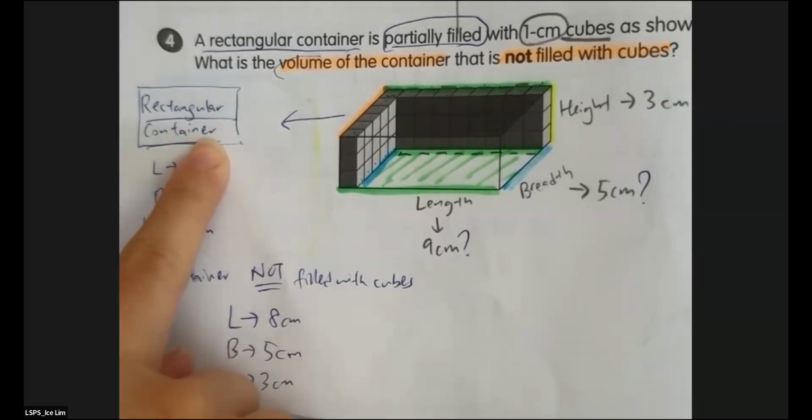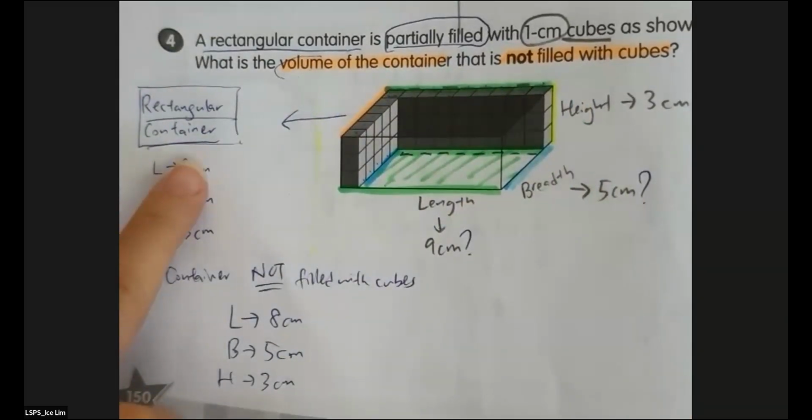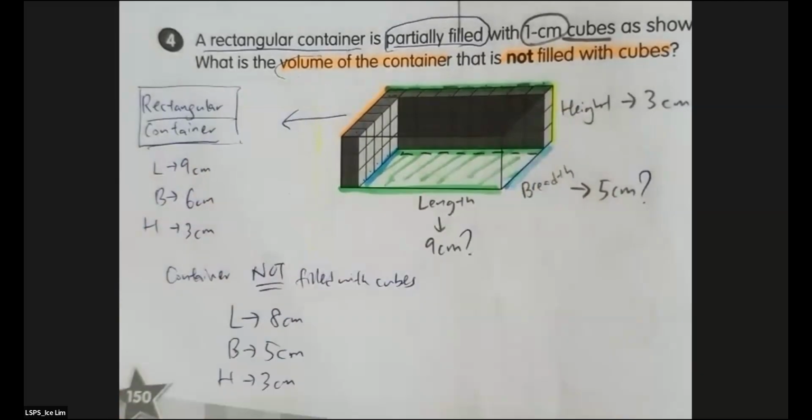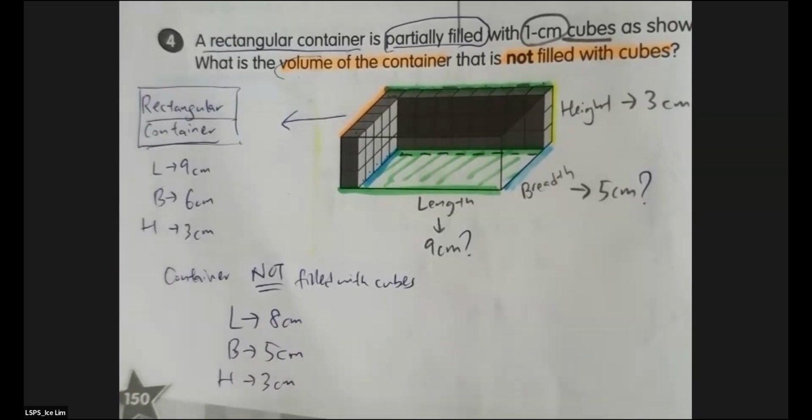Eventually, the question says a different thing. The question shows you a container, the container 9 by 6 by 3. But I count in cubes that stack up along the sides of the container. Can you understand?